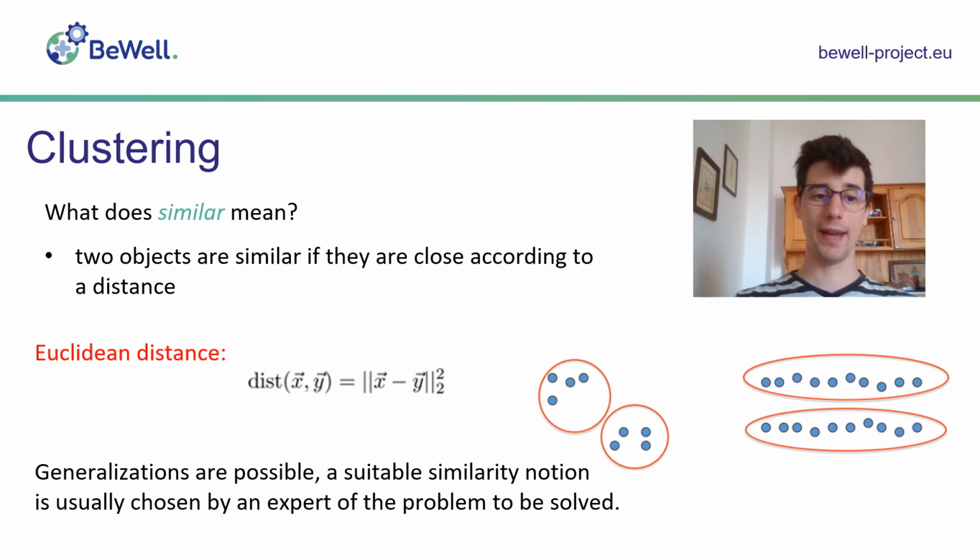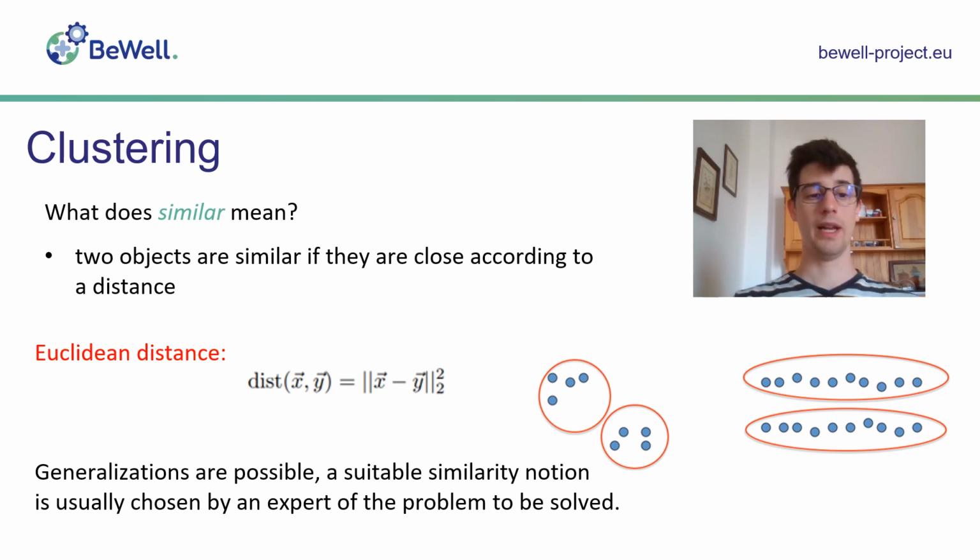But what does similar mean? In general, we say that objects are similar if they are close according to some notion of distance. The simplest case is when we use the Euclidean distance, hence objects that are closely located in the space. But generalizations are possible.